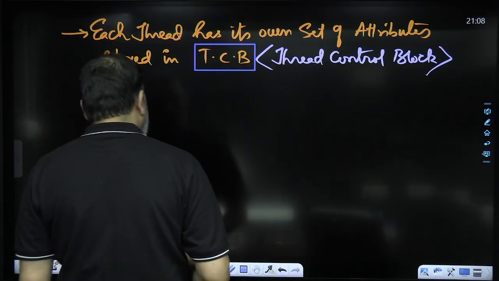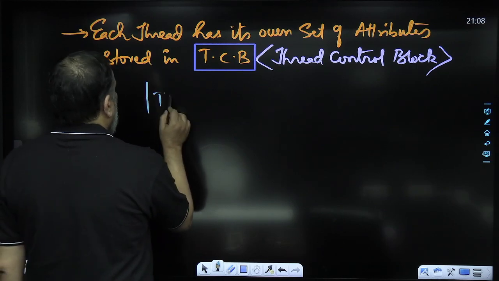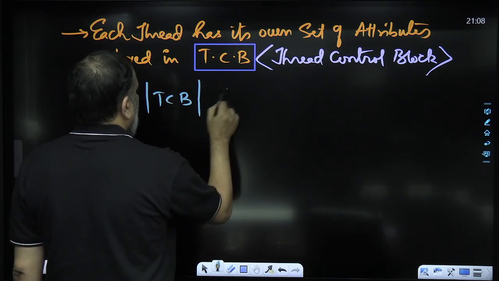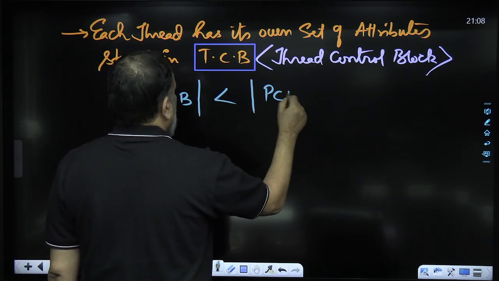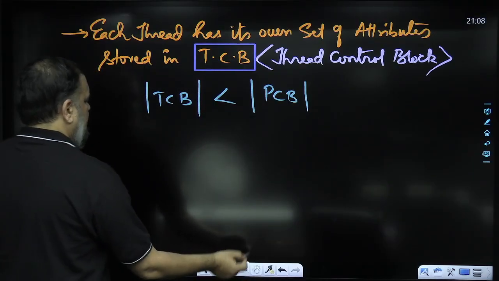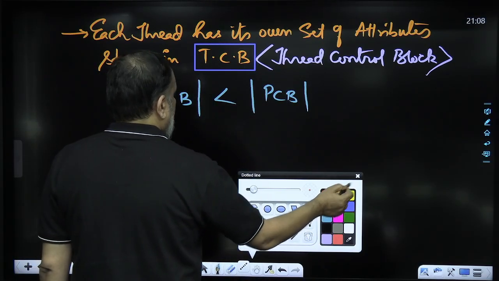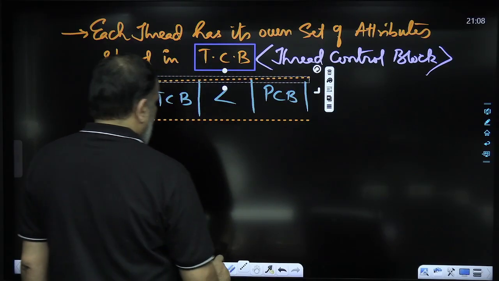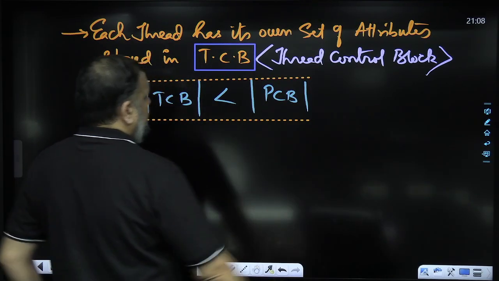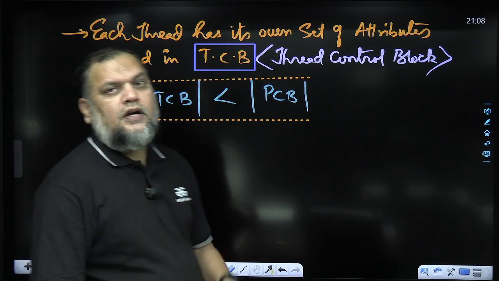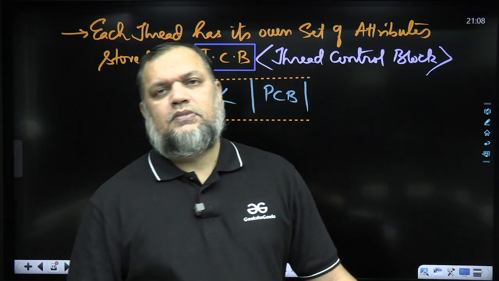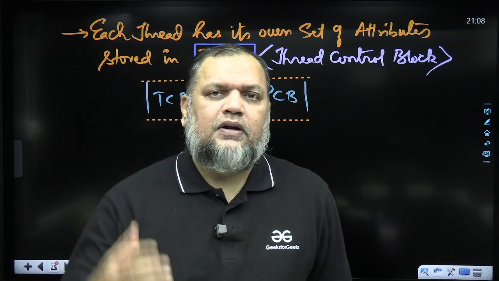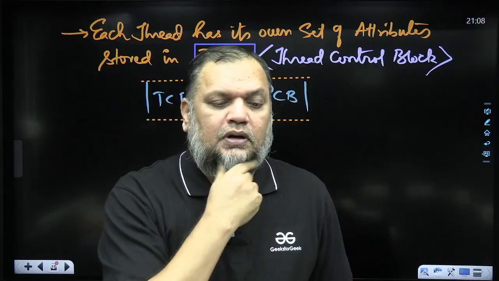But relatively, the volume of information kept in the TCB will be much less than the volume of information kept in the PCB. An important point, boys and girls. The volume of information kept in the TCB is less than in the PCB. So when I switch from one thread to another thread, it needs less time than switching between 2 processes.